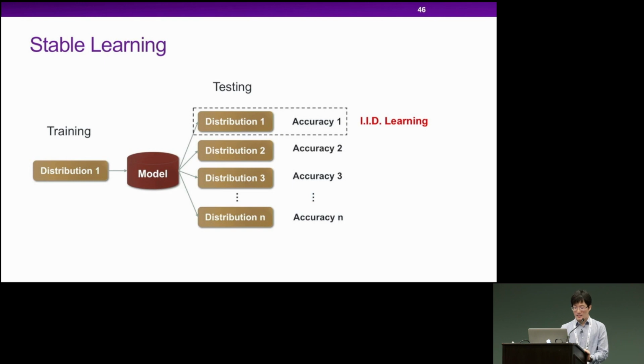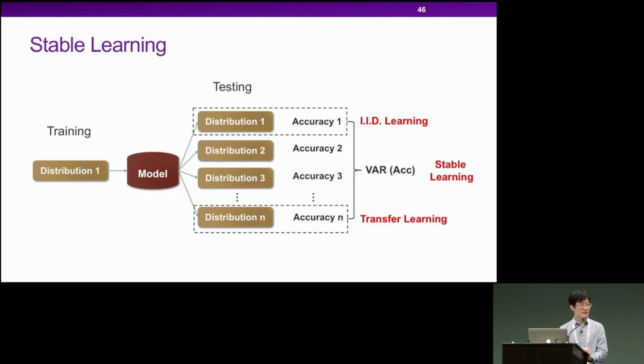If you train the model on distribution 1 and optimize the accuracy on distribution N, this is transfer learning. The precondition is that you know the testing data is drawn from distribution N. So what is stable learning? Stable learning tries to minimize the variance of the accuracy across different distributions.